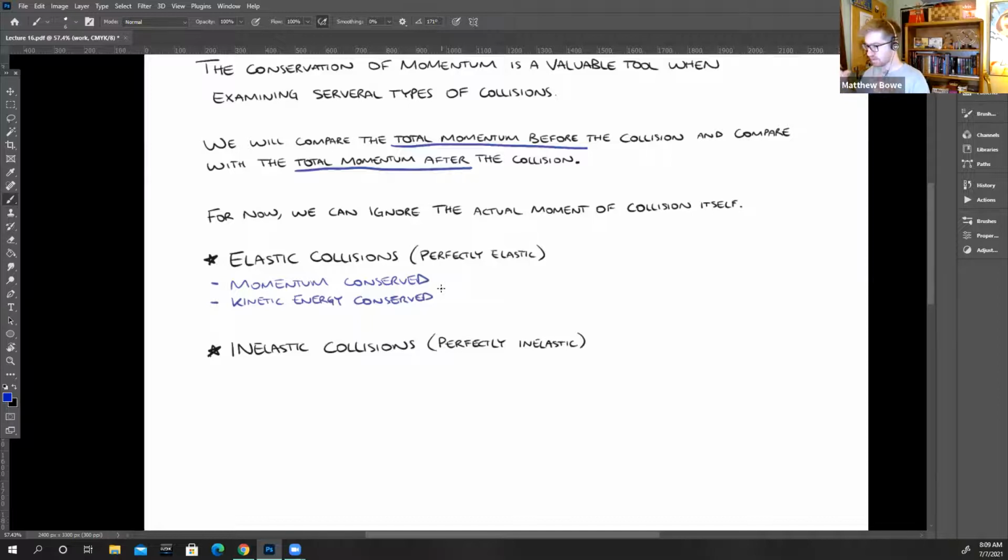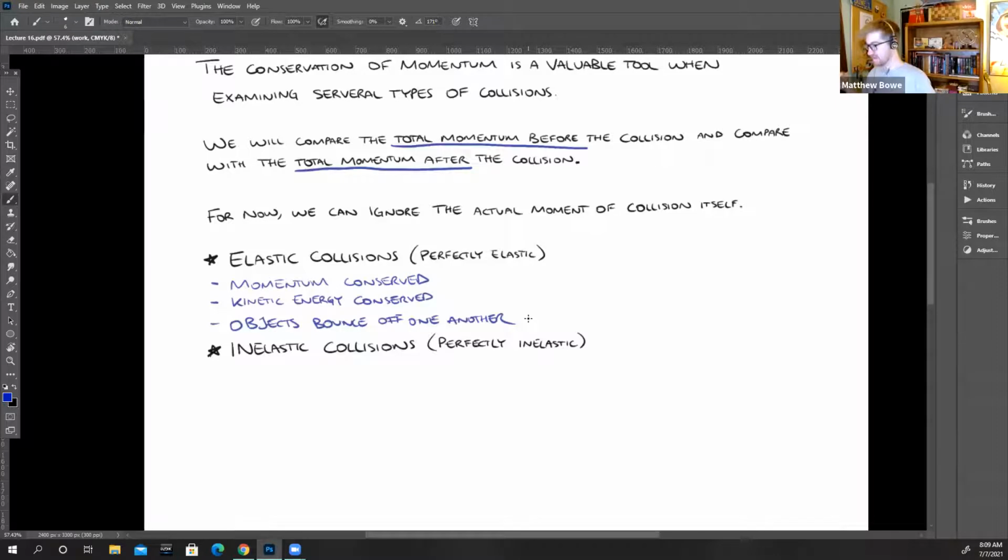We can do some calculations with kinetic energy this way. Basically, I should have put this point first: objects bounce off one another.